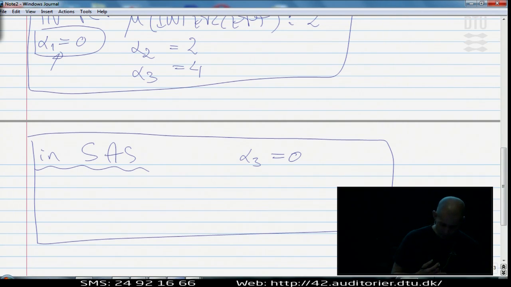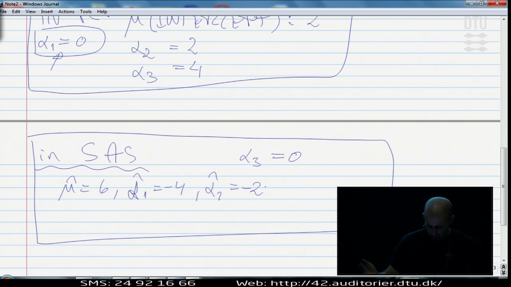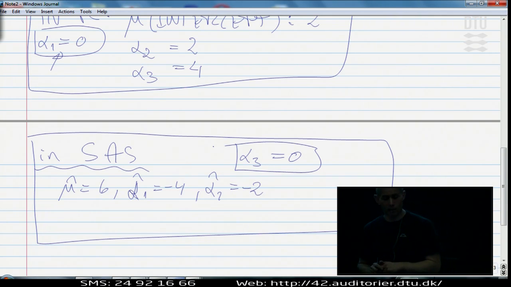The default would be alpha 3 at 0, and then the intercept would be the average in the third group, so to say. And then the difference, alpha 1, would then be -4, since the first group is 4 less than the third group, and the second group would be 2 less than the third group. And then by restriction, by default in SAS, the third group would be called 0.